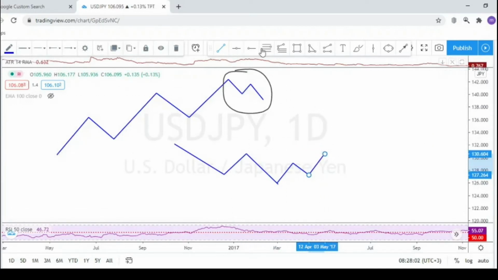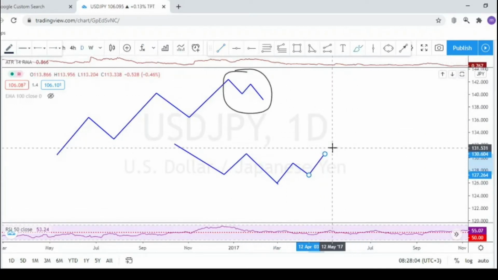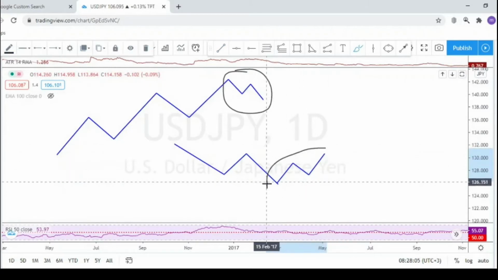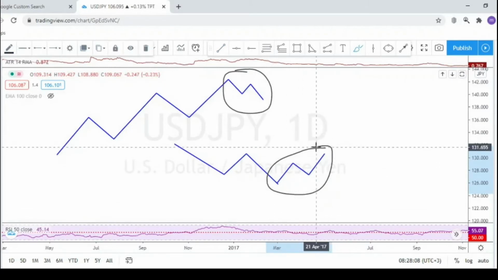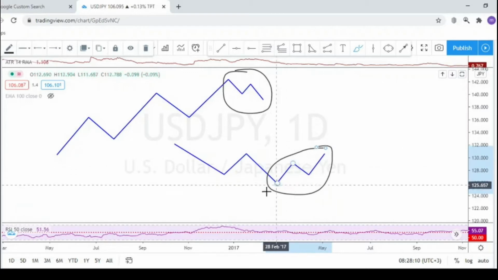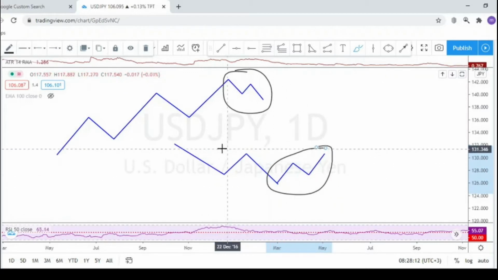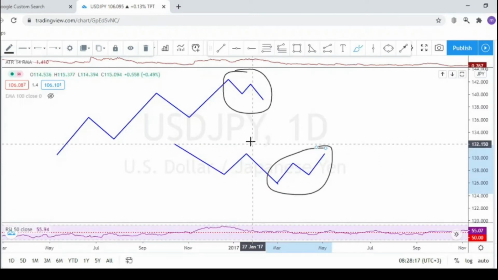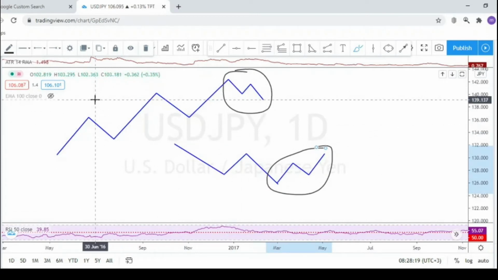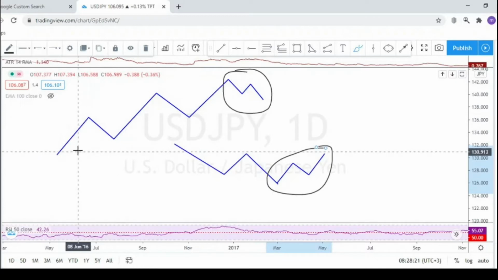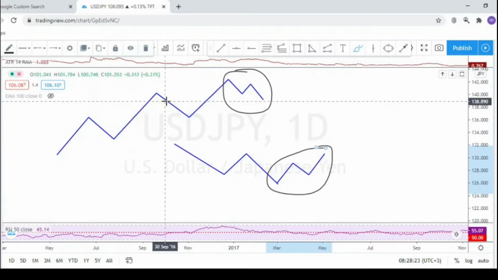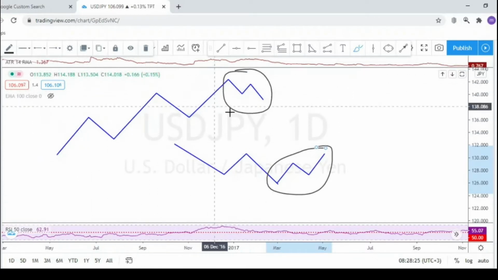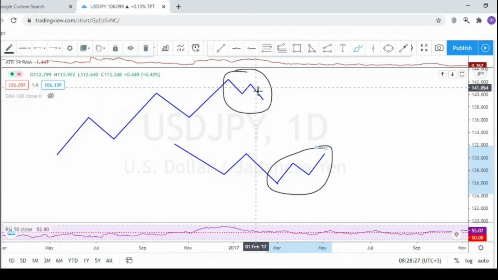So in this case, our potential new trend is when you see a market making higher highs and higher lows after it has been making lower lows and lower highs. If the market is in an uptrend, then you look for a market that's making higher highs and higher lows, then all of a sudden it makes lower lows and lower highs.